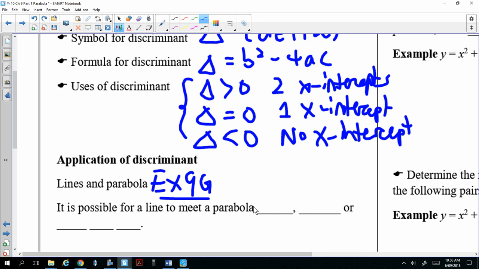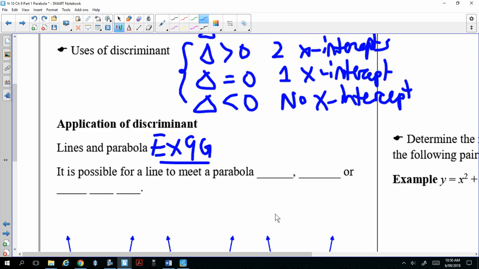Meet a parabola once, twice, or not intersect. Either meet a parabola twice, once, or none.